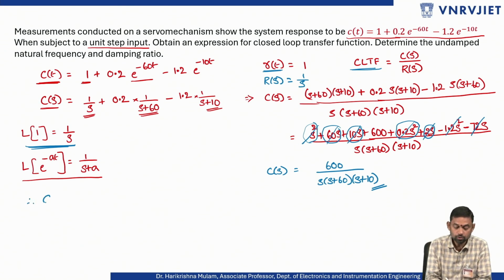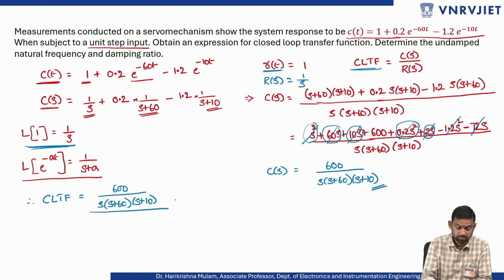Therefore the closed loop transfer function is equal to Laplace transform of output C of s, 600 by s into (s plus 60) into (s plus 10), whole divided by R of s, which is 1 by s. So the s in the numerator's numerator gets cancelled with the s in the denominator.